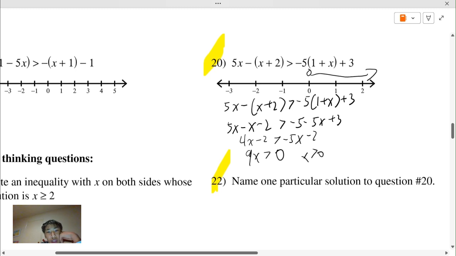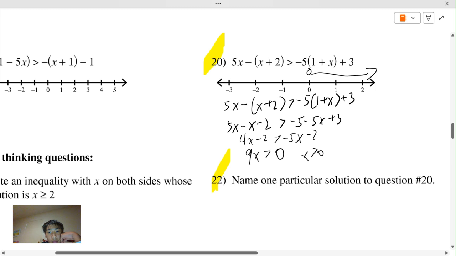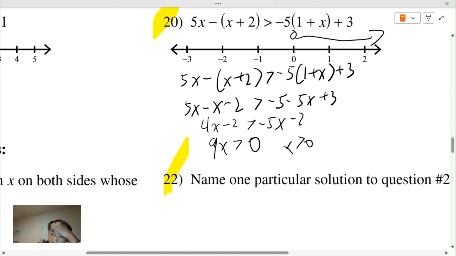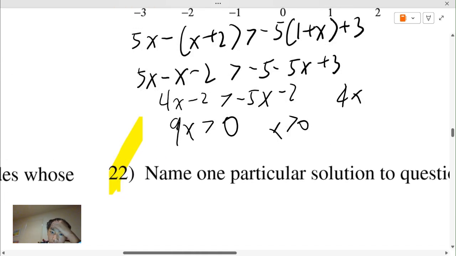Any particular solution is, so obviously you have to see 4x is greater than.